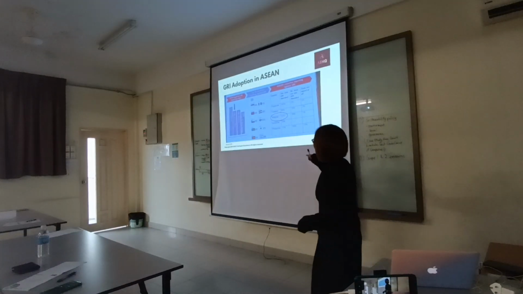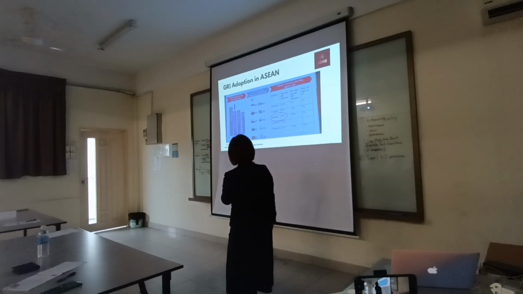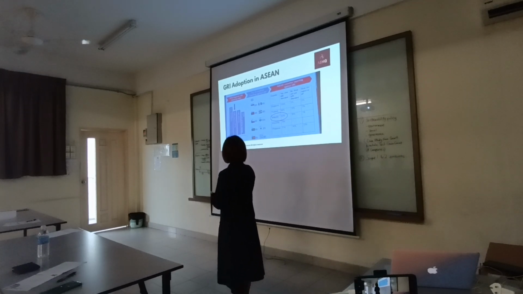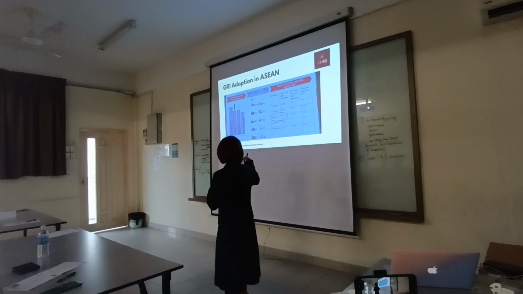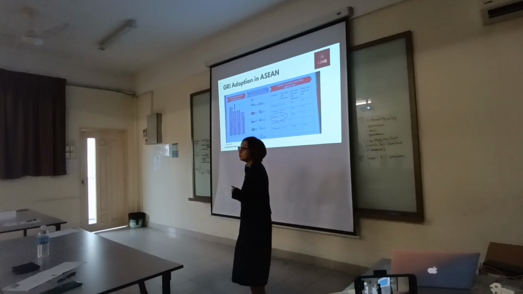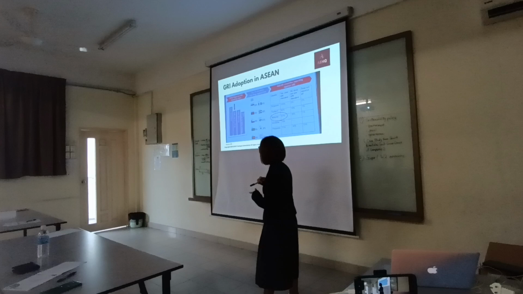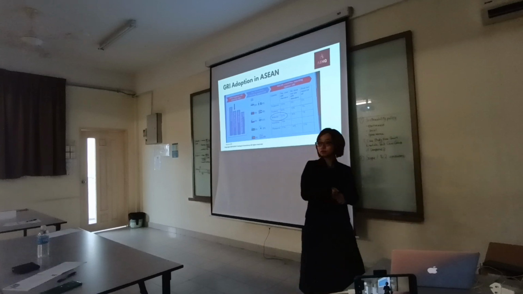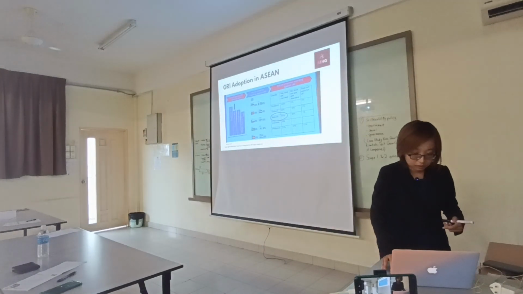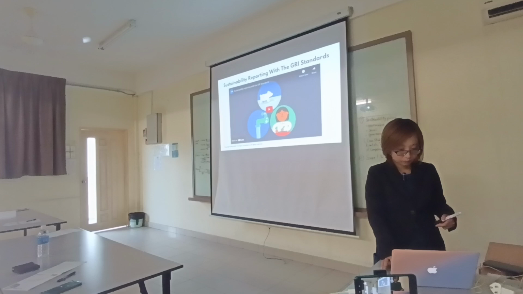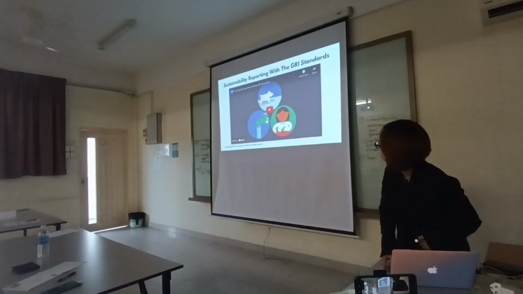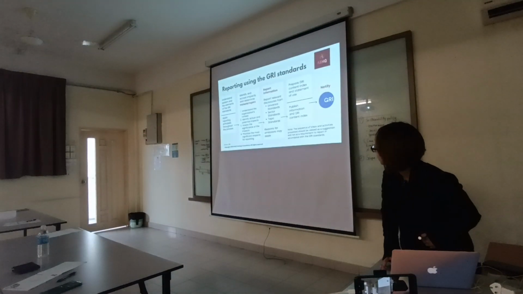This is just the adoption level for Malaysia. About 61% of companies, I think for public listed companies, are using GRI, just to show you the data. I think I can skip the rest because it is not that important.